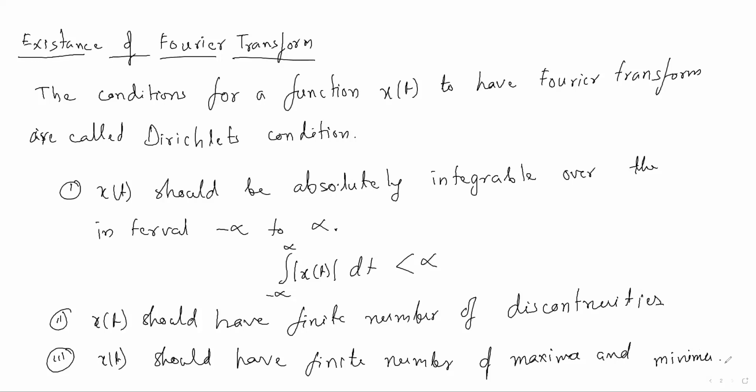These three conditions should be satisfied by a signal, then we can apply the Fourier transform. One thing is that these are sufficient conditions, not necessary conditions. Necessary would mean all three conditions are required to be fulfilled. Even if only one condition is fulfilled, we may still find the Fourier transform. So let me give one example.